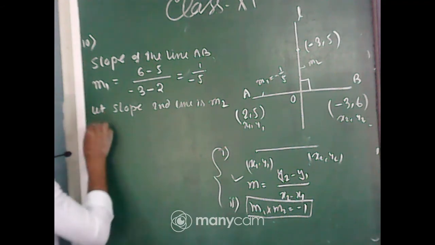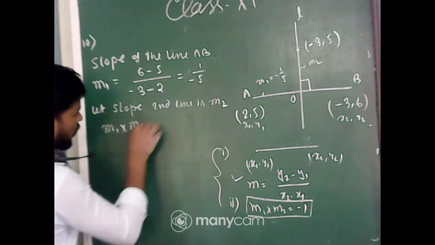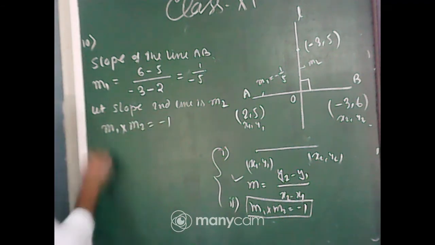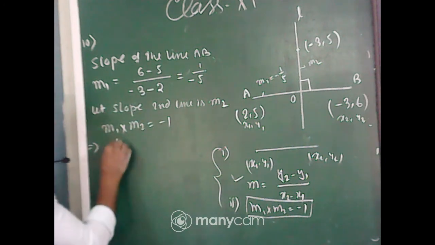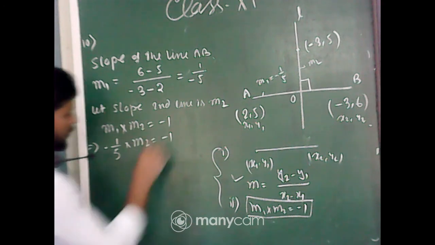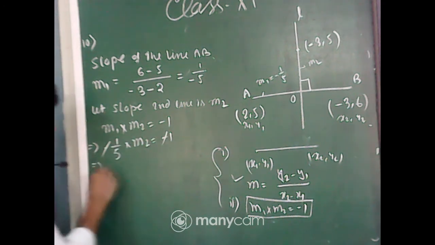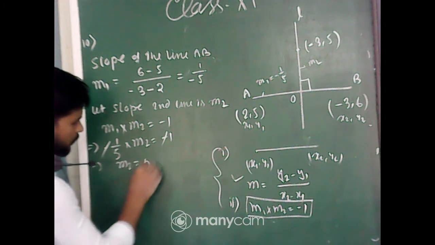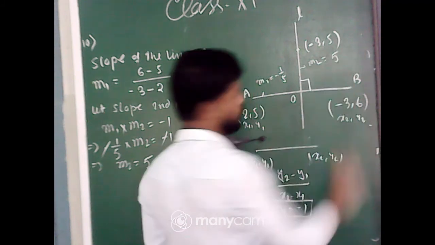So m1 times m2 is equal to minus 1. Now put the value of m1, which is minus 1 by 5, into m2, equal to minus 1. The minus and minus cancel each other, so the value of m2 is 5. That means the slope of the line is 5.